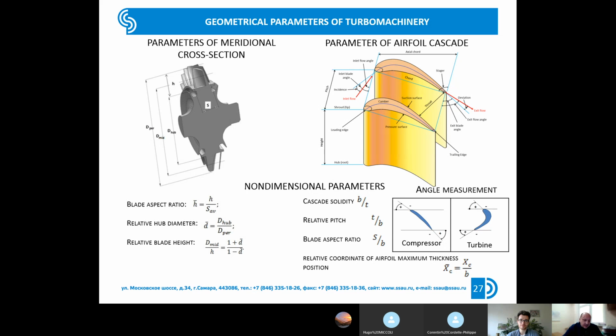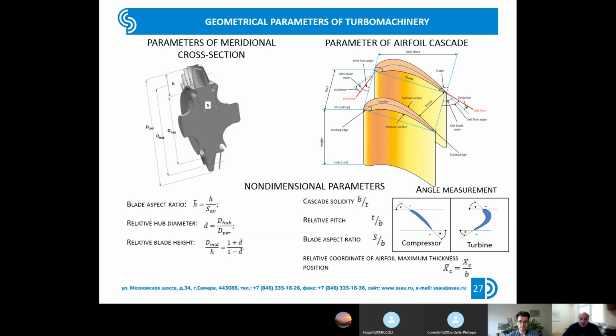As far as I remember, last time we stopped at the discussion of the geometrical parameters of turbomachinery, and finally we discussed the parameters of the meridional cross section.